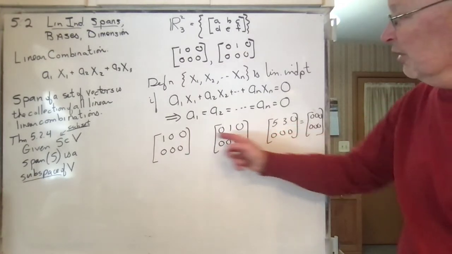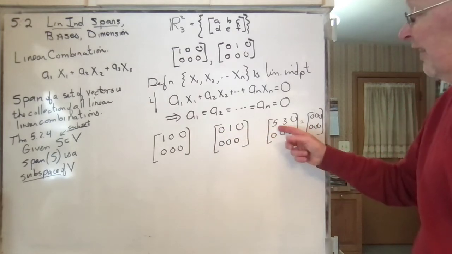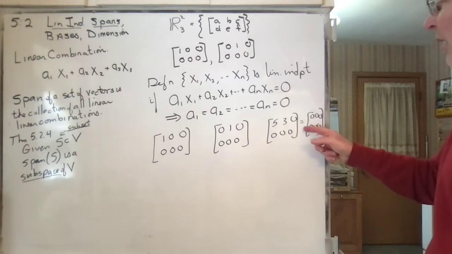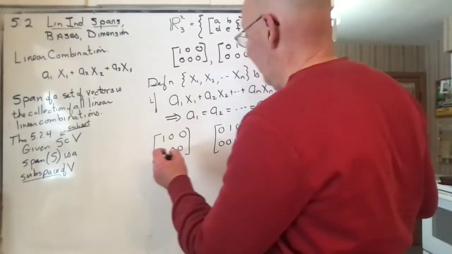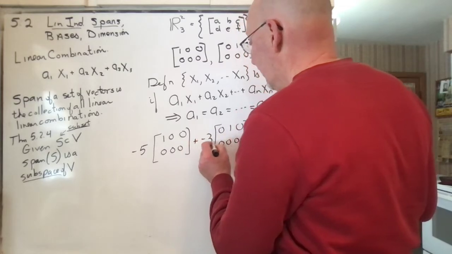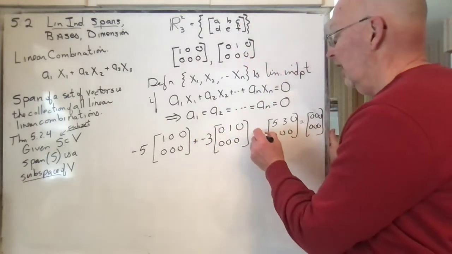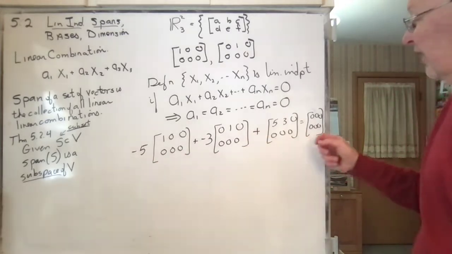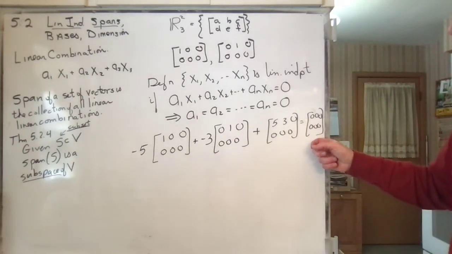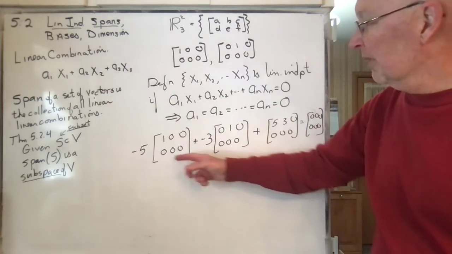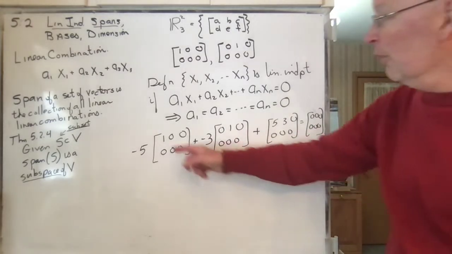These, remember I said, are linearly dependent. I can get this one from these two, which means that basically how can I get the zero vector here? I can multiply this one by -5, and then multiply this one by -3, and then just add it to that one, and then by adding this combination together, I've got the zero vector. See that? So these are linearly dependent because there's a way to get the zero vector without all of these things being zero.